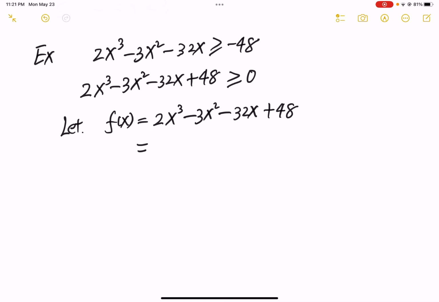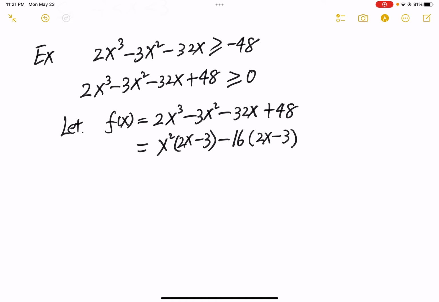So now let's combine the first two terms. It's x squared times 2x minus 3, minus 16, which is the common factor of these two, so let's take negative 16 times 2x minus 3.